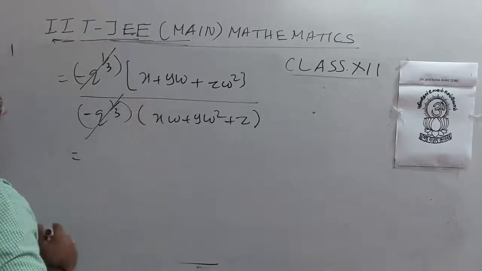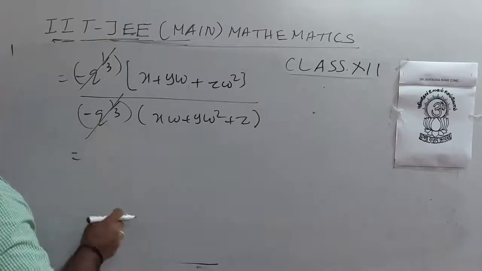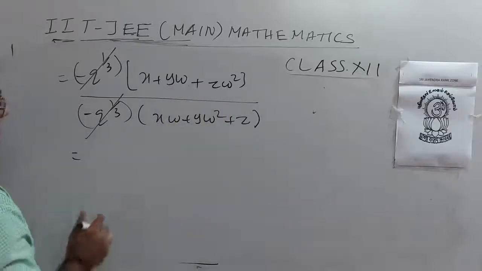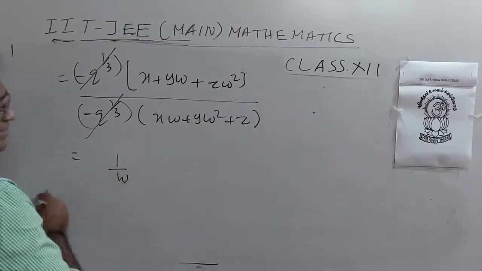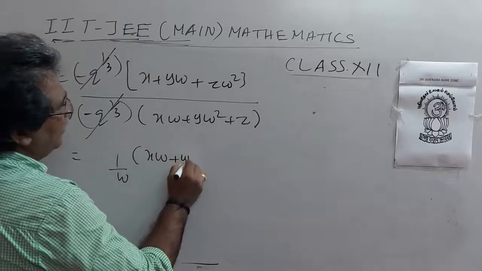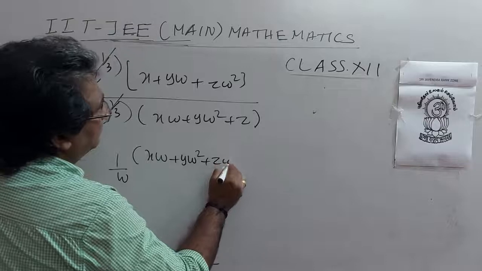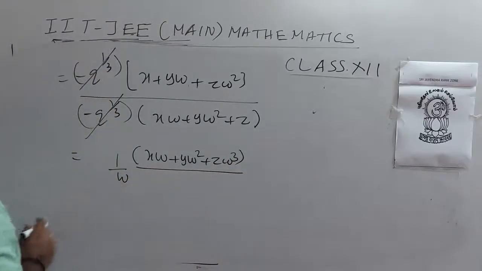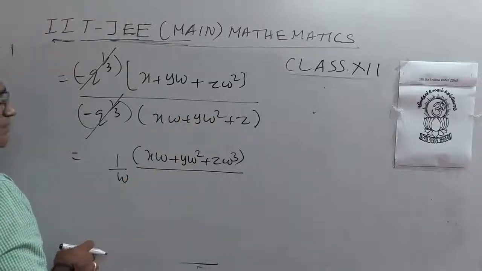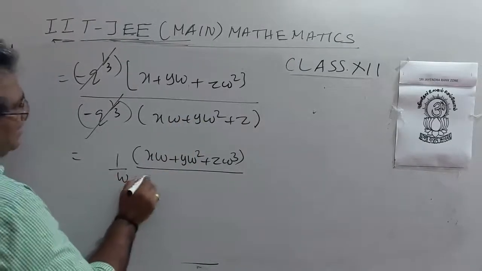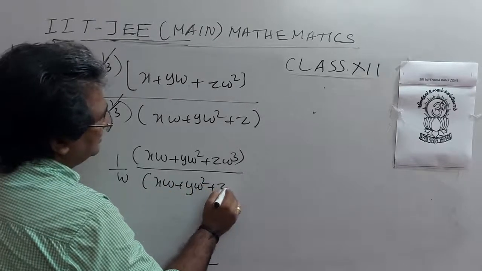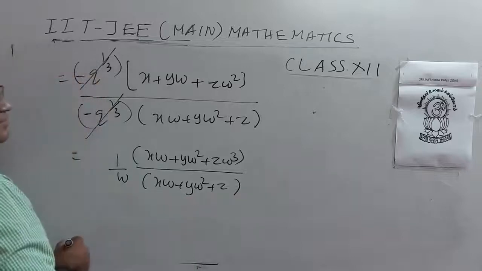Here we have x omega. To make this element x omega, we have to multiply omega throughout the numerator, and as well we have to divide by omega. So x omega, y omega squared, z omega cubed whole divided by, since I have multiplied the numerator by omega, instead of that I just keep omega outside the bracket: (x omega plus y omega square plus z).